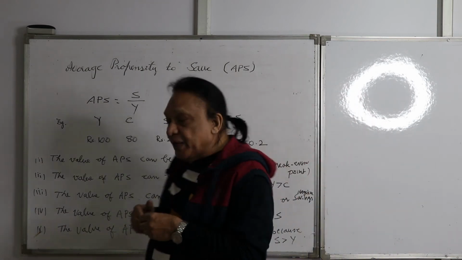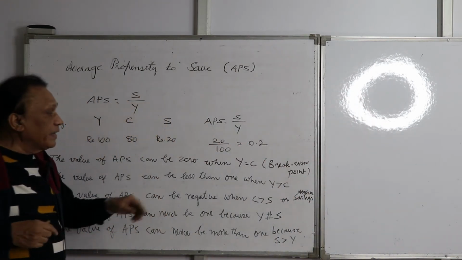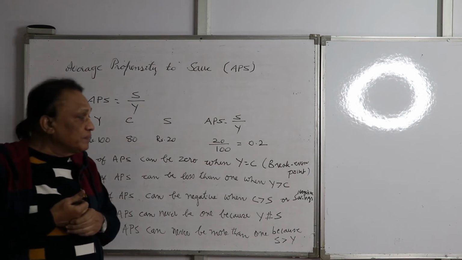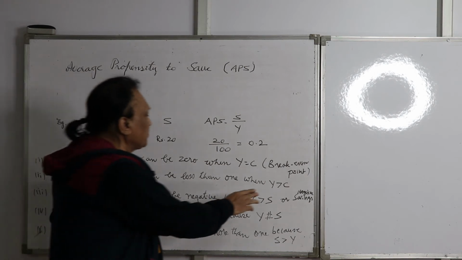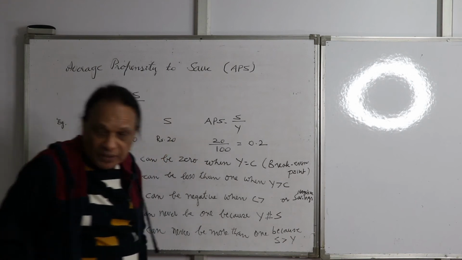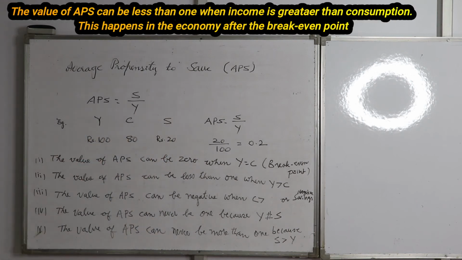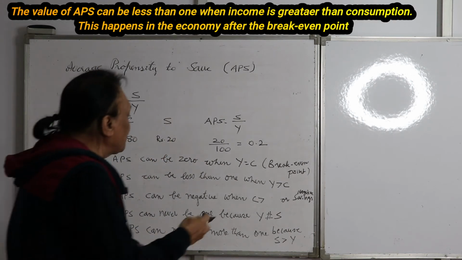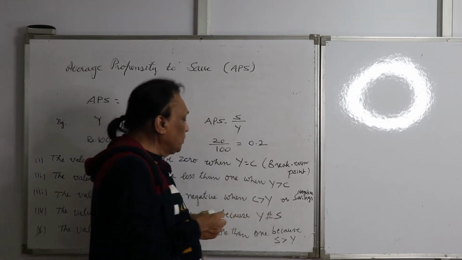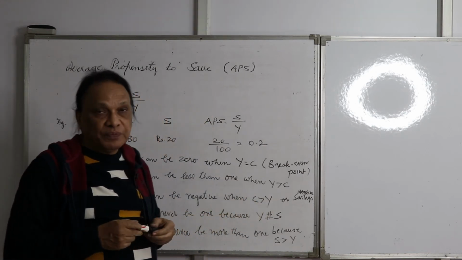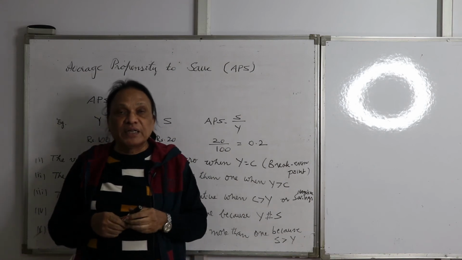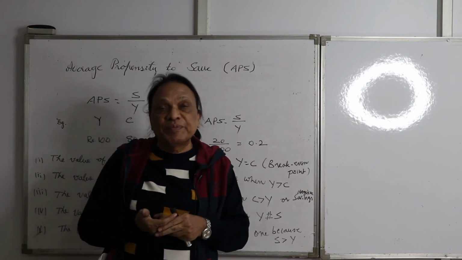The value of APS can be negative when consumption is greater than income, so then savings will be negative. Suppose your income is 100 and consumption is 120, savings will be minus 20.